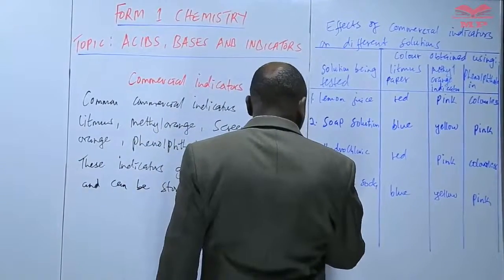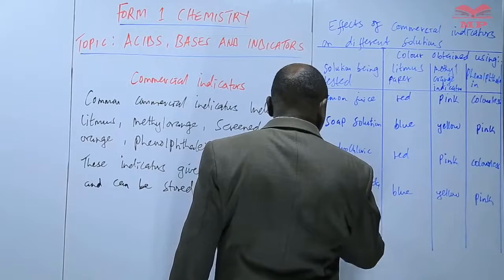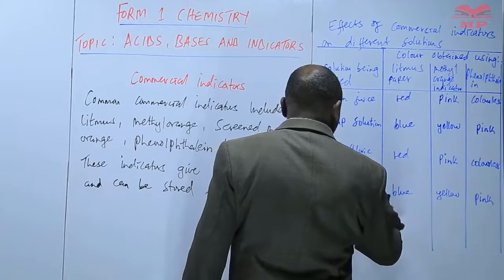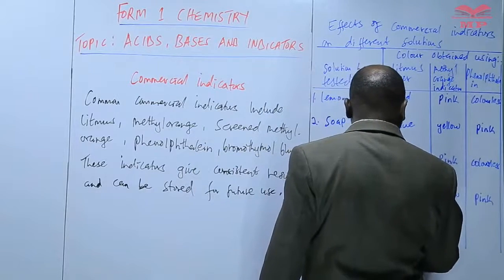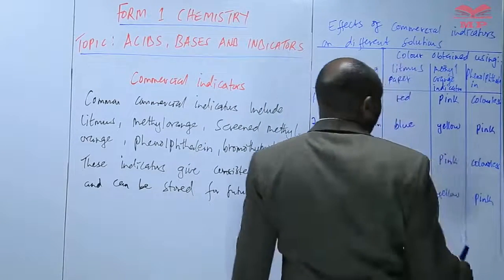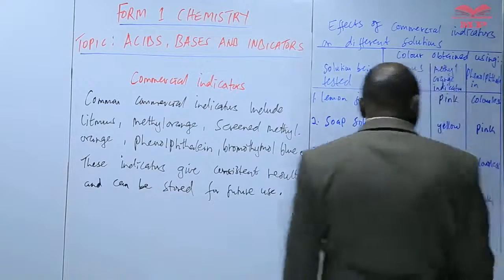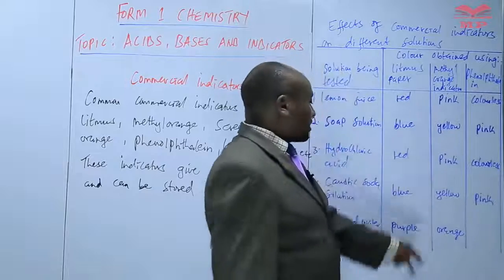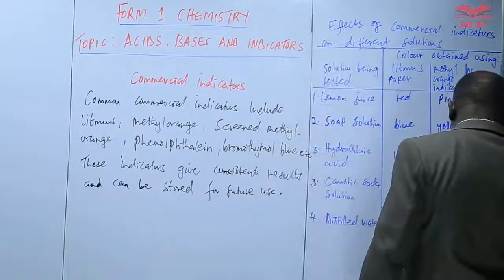If we take an example of distilled water, the litmus is purple, the methyl orange is orange. That means the color remains orange. Litmus, the color remains purple. Phenolphthalein, the color is colorless.